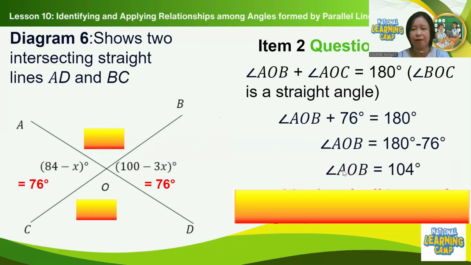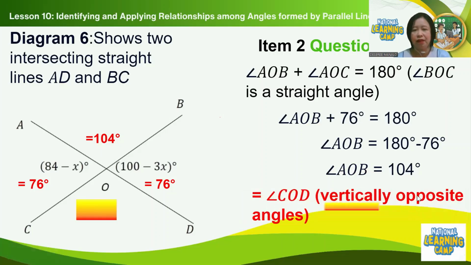So therefore, angle AOB is equal to 104. Again, they are vertical. Angle AOB is equal to 104, and this is vertical to angle COD. So therefore, angle COD is equal to 104 degrees.